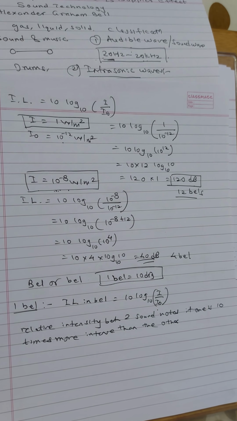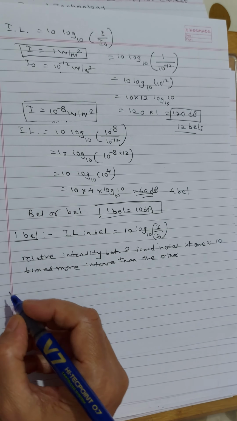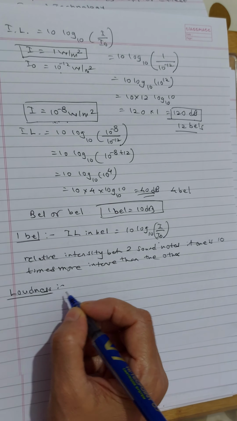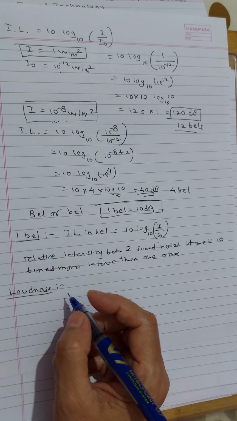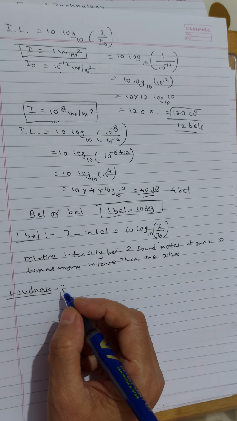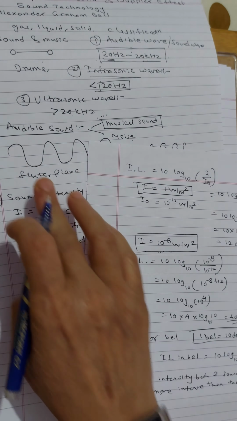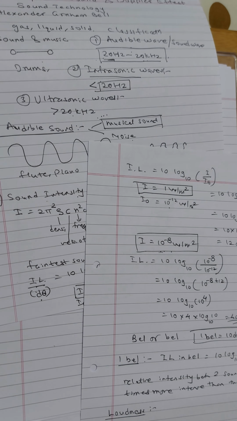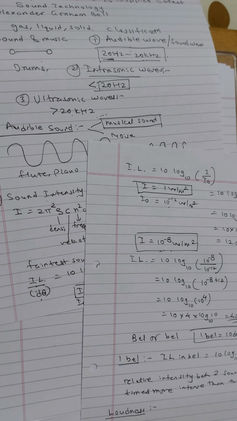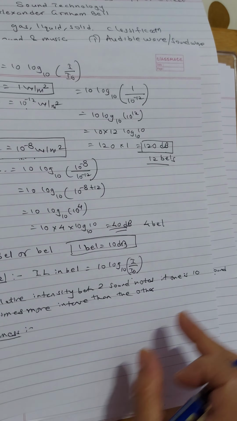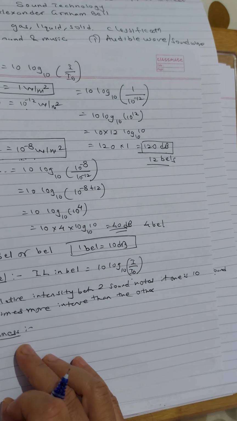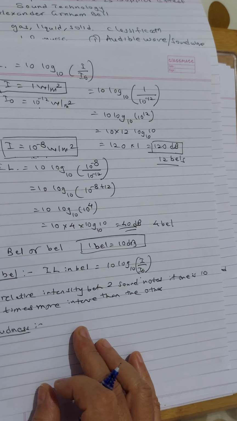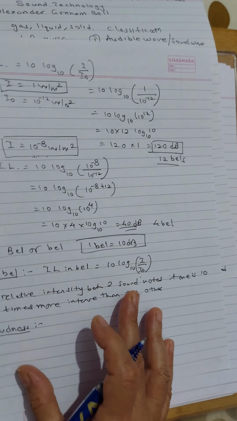Then the next definition is loudness. You say loud. How loud? That's what I have to answer over here. So we can say that the characteristic of a musical sound, which is continuous, pleasant and uniform, by which a loud sound can be distinguished from a faint sound even if the two have the same pitch, is called loudness.